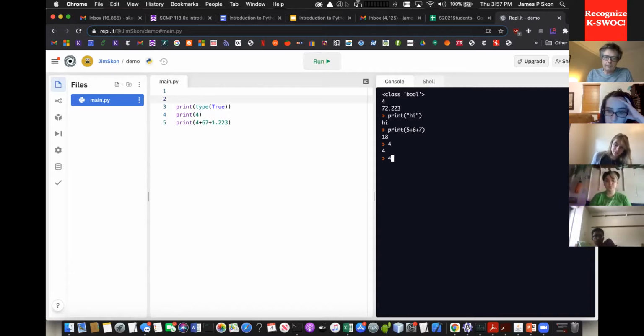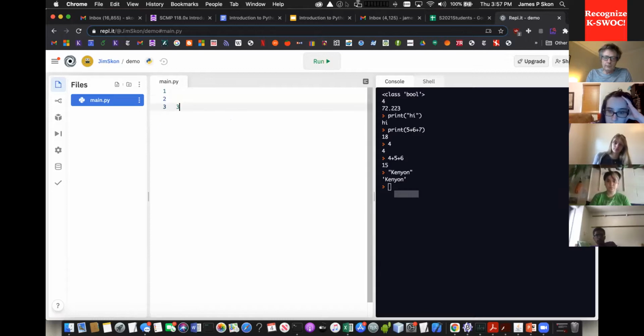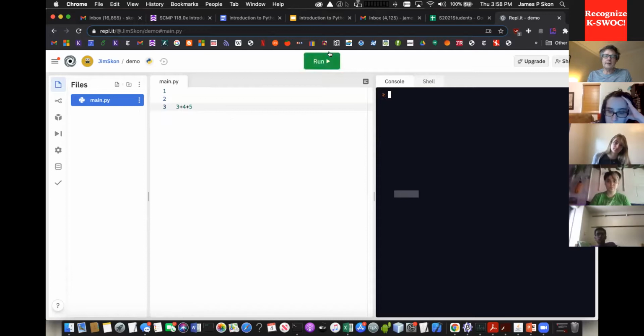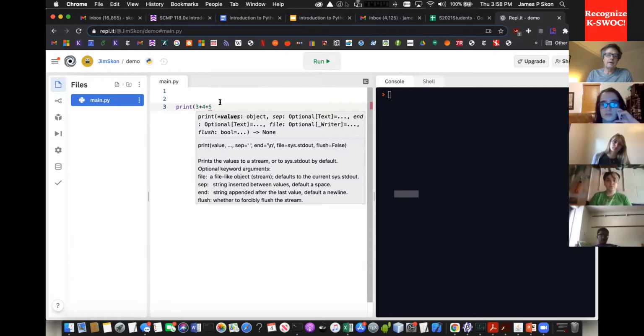If I type in 4 plus 5 plus 6, it prints out the sum. If I type in Kenyan, now I can't do that over here. If I were to put in 2, 3 plus 4 plus 5 and try to run it, it's not going to do anything because that's not a valid program. I have to put it in the print statement. But over here, I don't.